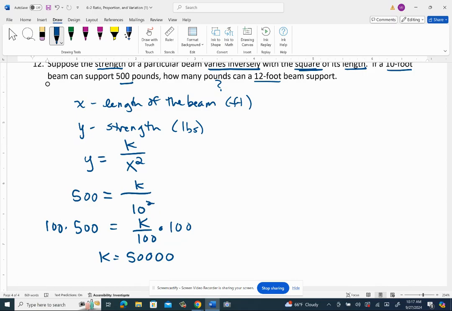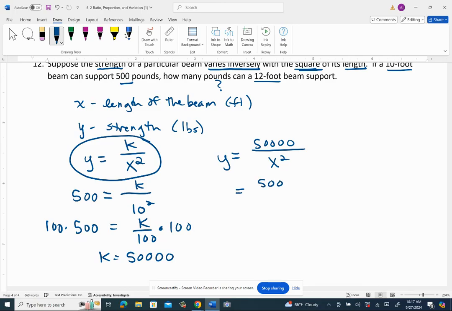Once I have k, I'm able to take my equation and replace the k, because that's now the constant of proportionality, and I could use that to answer a variety of scenarios. On this one, we want to know how many pounds a 12-foot beam would support.